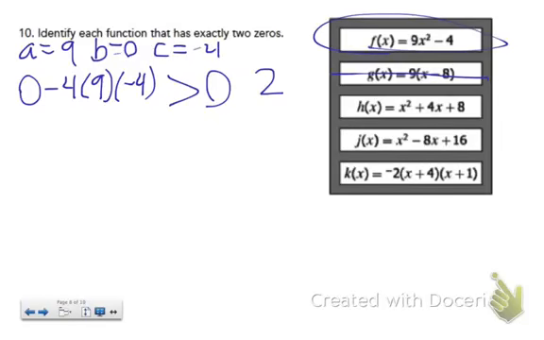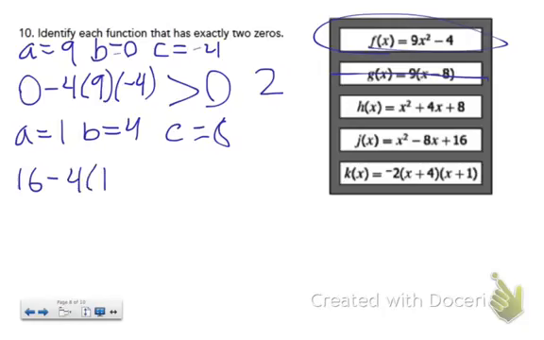H of x, A is 1, B is 4, and C is 8. B squared, 16 minus 4 times 1 times 8. And that's going to give me negative 16. So a negative number is less than 0, so no solution.